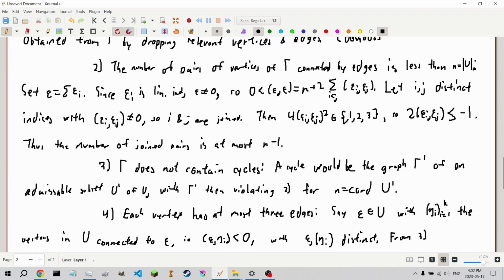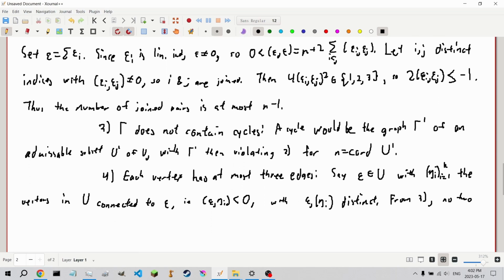From part 3, no two eta_i can be connected. So the bracket of eta_i and eta_j is 0 for all distinct i and j, as U is linearly independent.